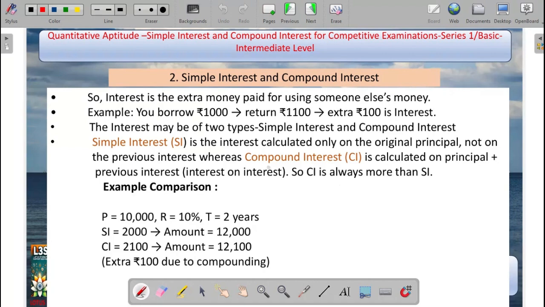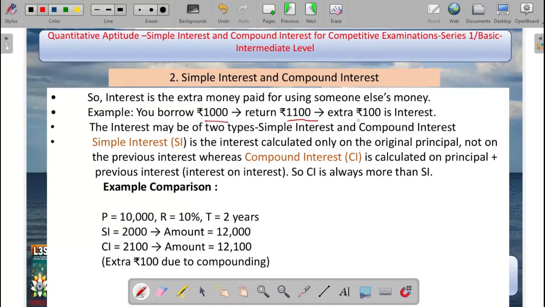Now we have discussed interest and understand what interest is. Interest is the extra money paid for using someone else's money. For example, you borrow 1000 rupees and return 1100 rupees.